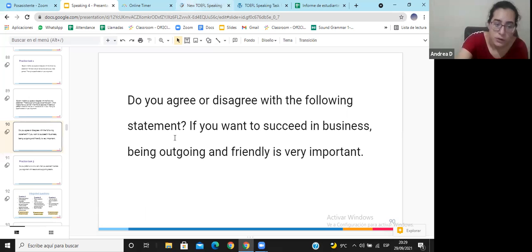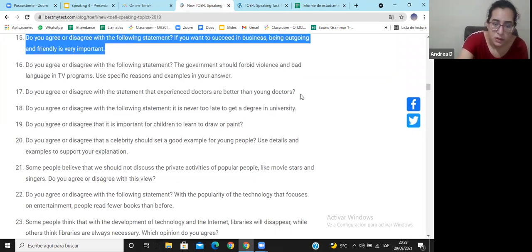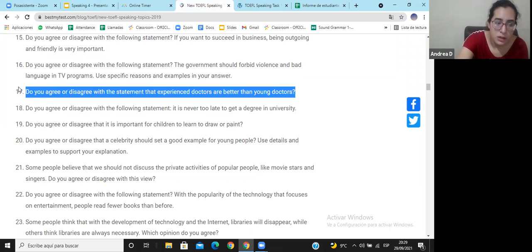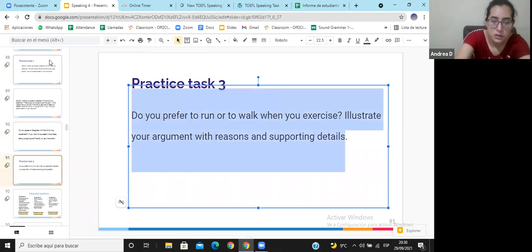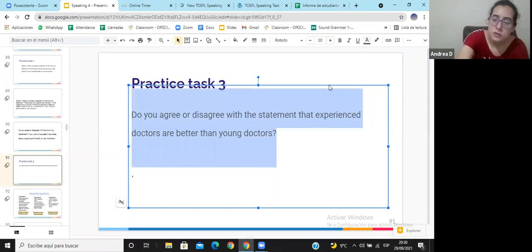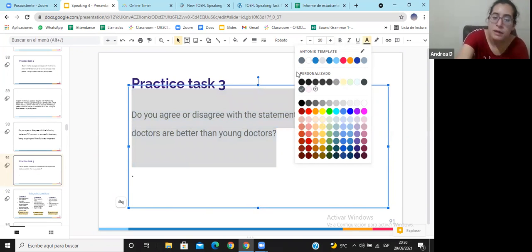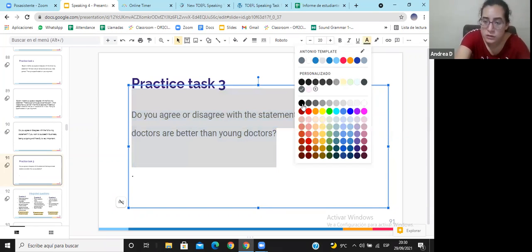Let's do one more. Okay. So this one is agree or disagree again. Do you agree or disagree with the statement that experienced doctors are better than young doctors?